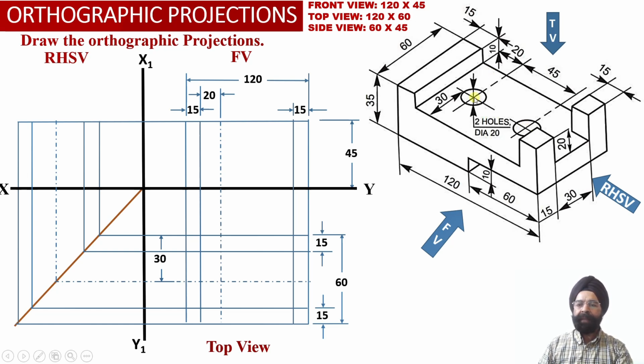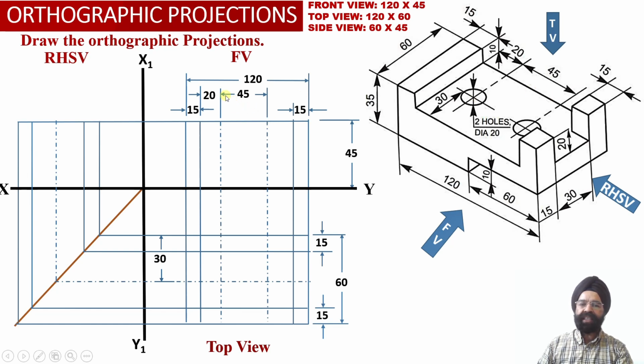Now how do we locate the center point corresponding to hole number 2? We know that the center to center distance corresponding to these two holes on the top surface of this horizontal web happens to be 45 millimeter. So the center to center distance between the two holes we know as 45 millimeter.